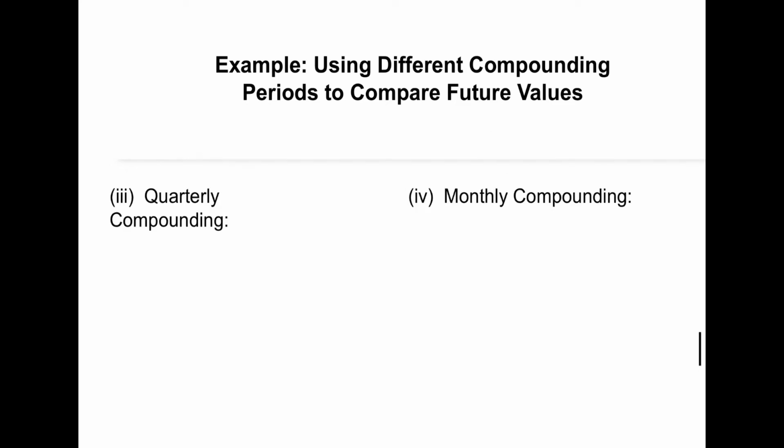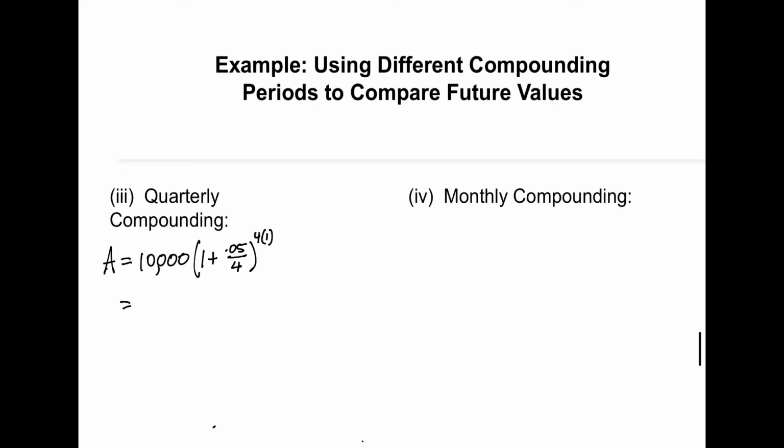Well, let's look at what a difference it makes if I do it quarterly. So again, 10,000. And we're going to multiply that by 1 plus my 0.05. But now we're doing it quarterly, which means 4 times a year. And then that's 4 times the 1 year that I have.